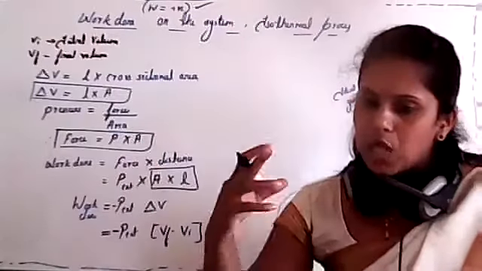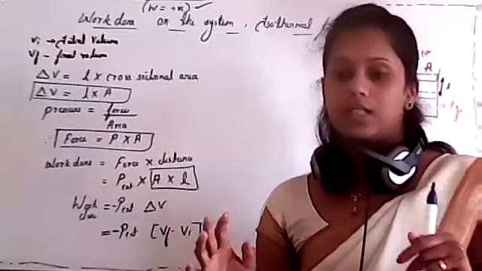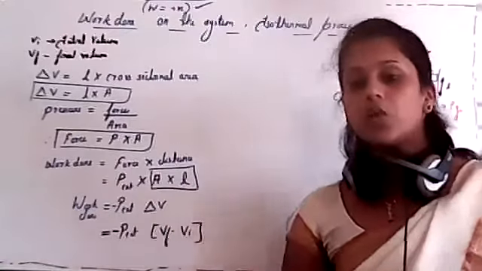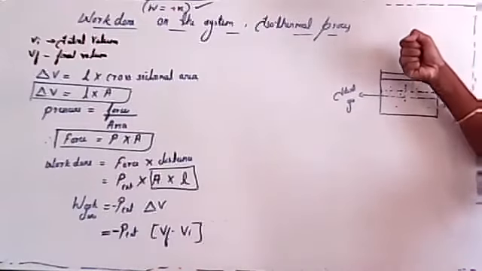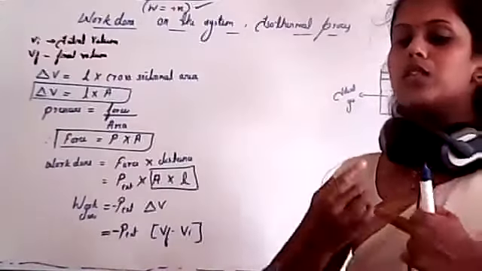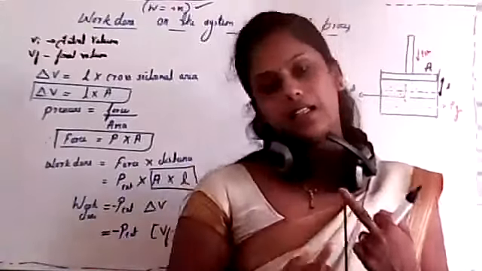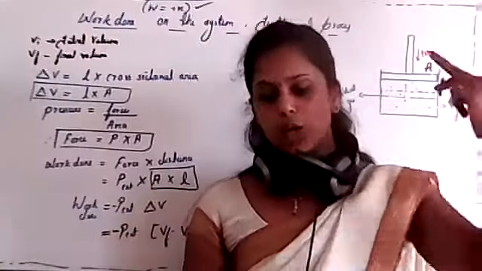So now just imagine the pressure is not constant over this piston. That means pressure is variable in this case. In that case, we have to consider integration from V initial to V final.